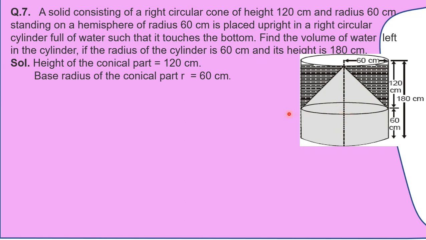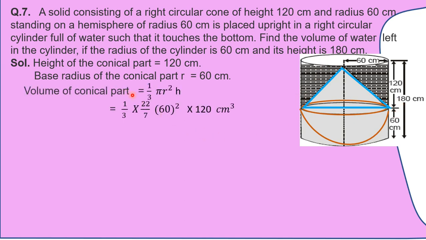So here it is given, this conical part is 120 centimeter, and again we can understand this. There is a hemisphere, and on the hemisphere is a cone. So this combination is kept inside the cylinder, and the base radius of this conical part is also given, r is 60 centimeter.